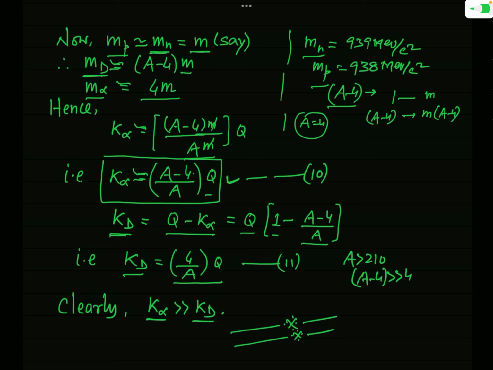So the alpha particle shares most of the disintegration energy Q. The daughter nucleus, due to its heavier mass, shares a little amount of energy. More or less you can say almost all the energy is shared by the alpha particle.